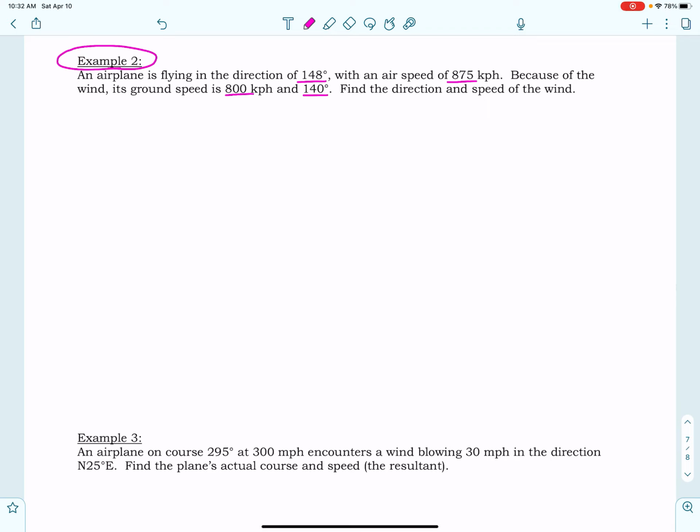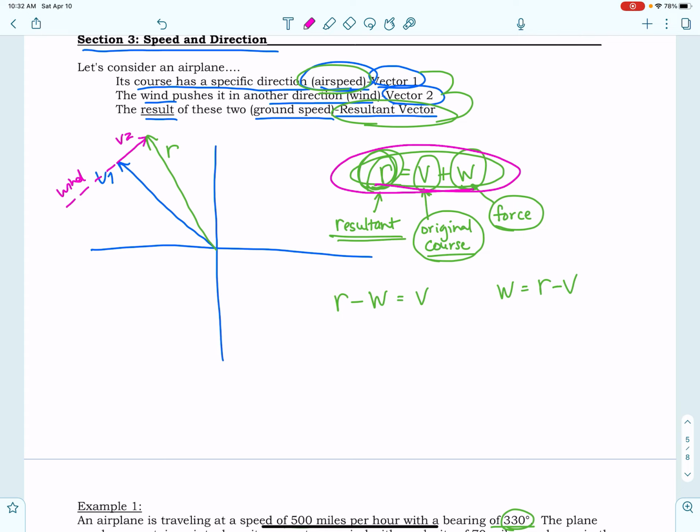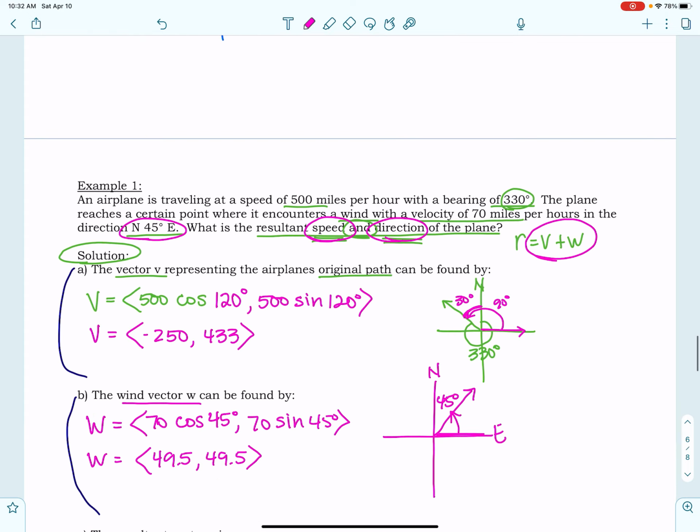So the wind pushes it from this direction to this direction. And we are asked to find the direction and the speed for the wind. Now, if you'll recall, in one of my other videos, we looked at this mathematical relationship of our three vectors. We've got a resultant vector, an original course vector, and a force vector.